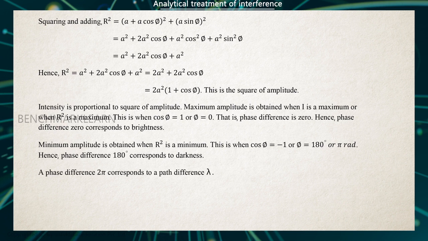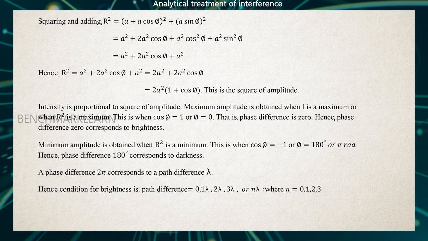We know that a phase difference 2 pi corresponds to a path difference lambda. Hence condition for brightness is path difference equal to 0, 1 lambda, 2 lambda, 3 lambda or n lambda, where n is equal to 0, 1, 2, 3, or phase difference equal to 0, 2 pi, 4 pi or 2n pi.